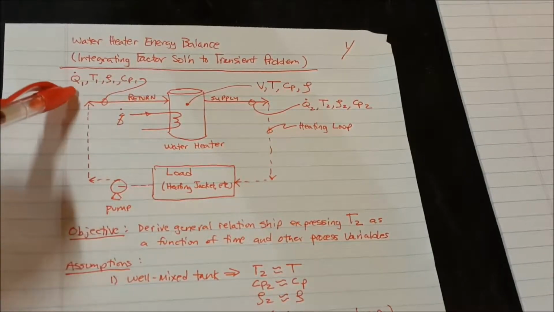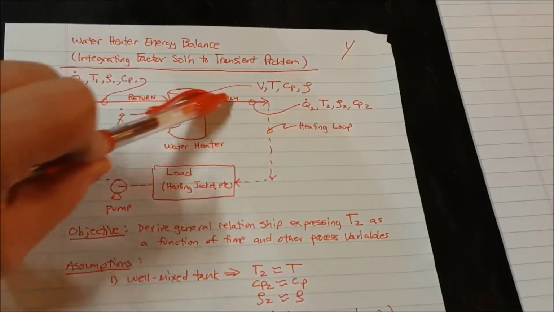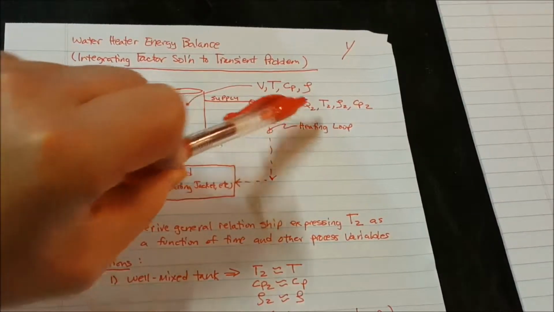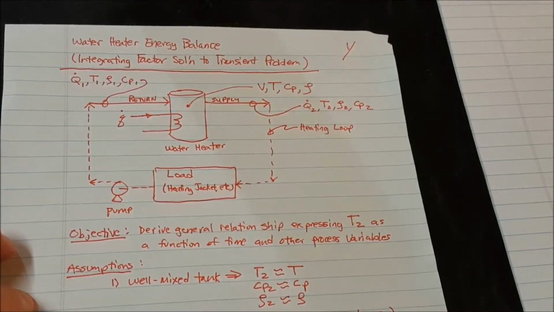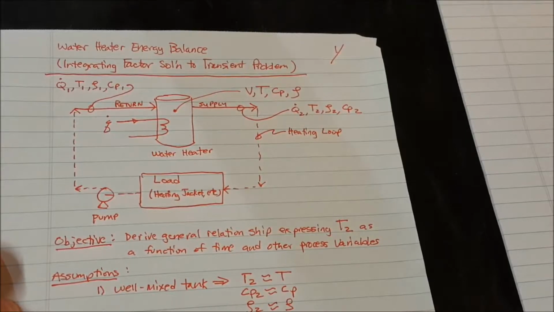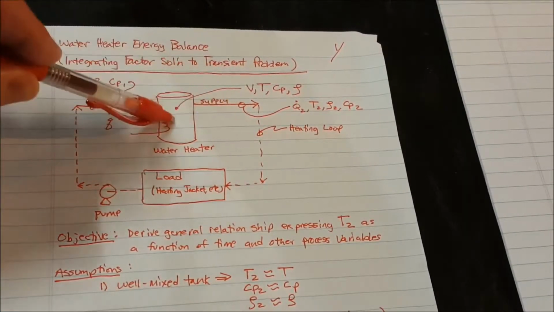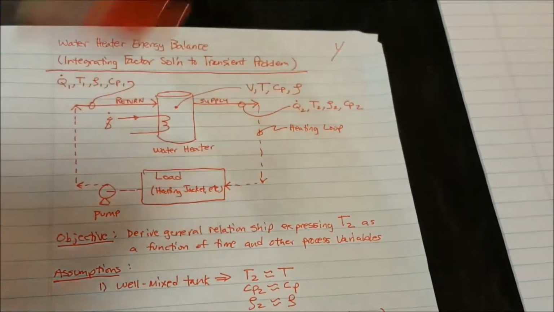Now I've labeled each stream with, I'm calling the return line stream 1, so I've got Q1, T1, etc. And then for the supply line, I'm calling that stream 2, so I've put number 2 subscripts on those variables. This here refers to what's in the tank, so no subscripts, it's just volume, temperature, heat capacity, density.